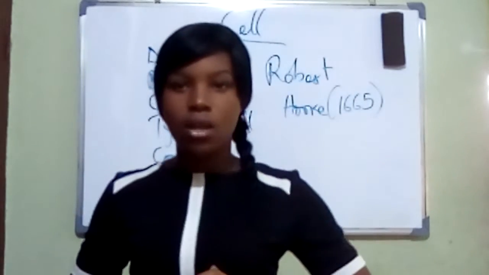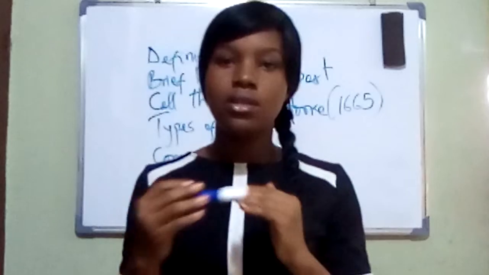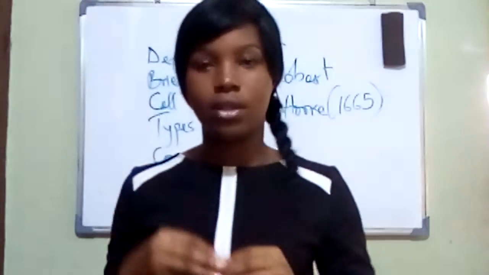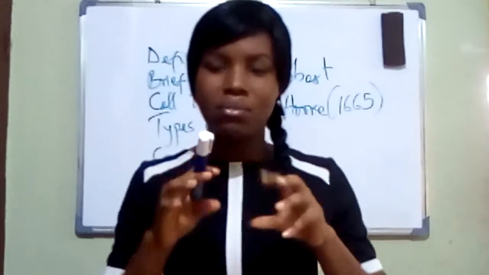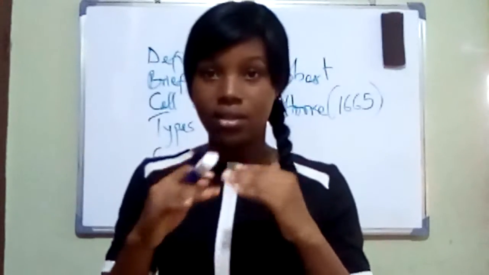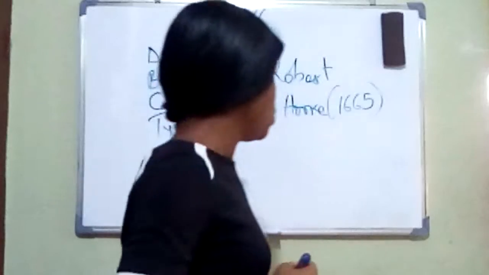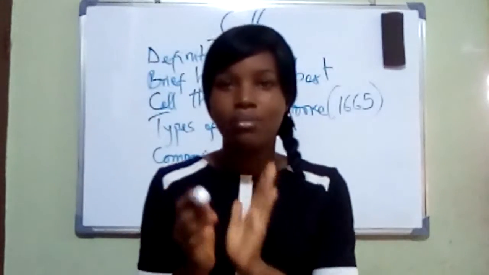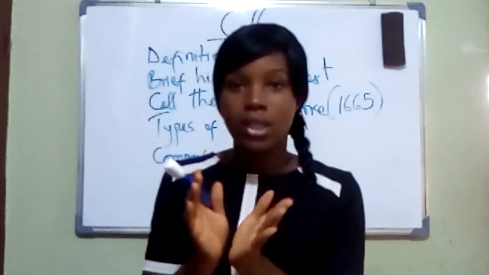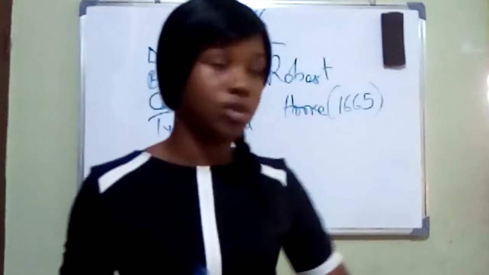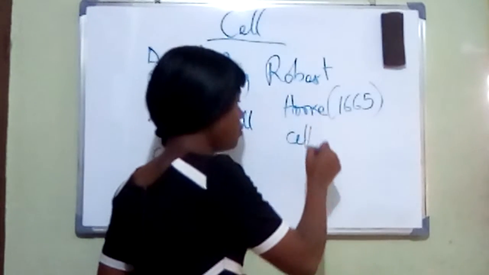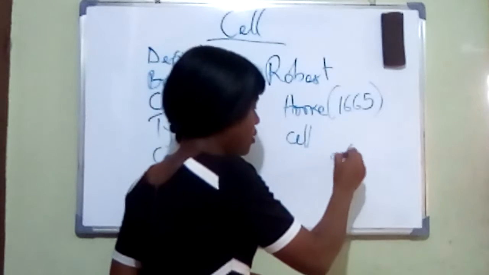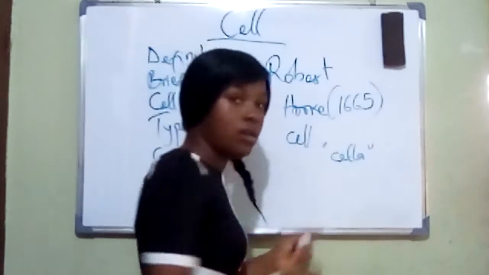He discovered the cell when he examined thin slices of bottle cork under the microscope. He saw that there were little compartments in that thin slice of cork, and he likened these compartments to the rooms inhabited by monks in the monastery. So he brought the term cell, derived from the Latin word cella, meaning small room.